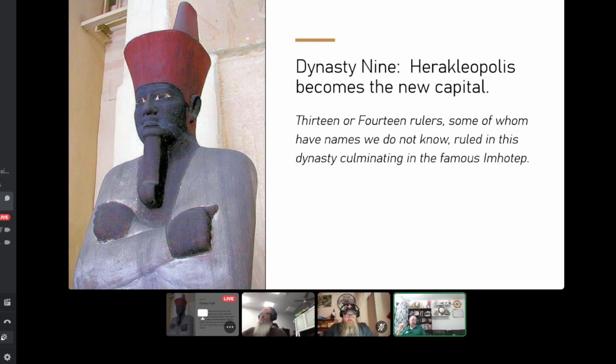As we come, though, to the period of time known as Dynasty 9, where Heracleopolis becomes more of the capital, then we have the opportunity to look at some bigger king names. One of whom is Mentuhotep I. And Mentuhotep I was a very important king during this period of time, partly because we actually seem to remember him.